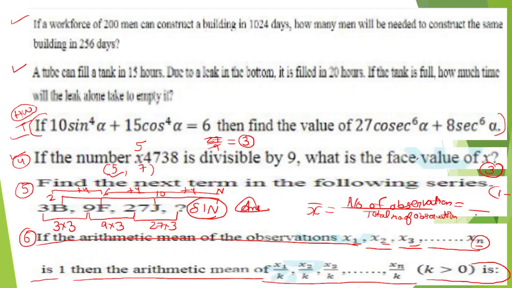Total number of observations is n, and here it is x1 plus x2 plus x3 up to xn, and the value of this mean is given 1, so we can say it is equal to 1.